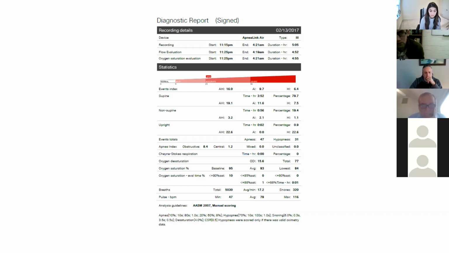I've had patients who actually sew a tennis ball in the back of their t-shirt, so when they roll over, it irritates them and they roll back on their side. I didn't get into that, but supine apnea is based on apnea being twice as bad in the supine position versus the non-supine.